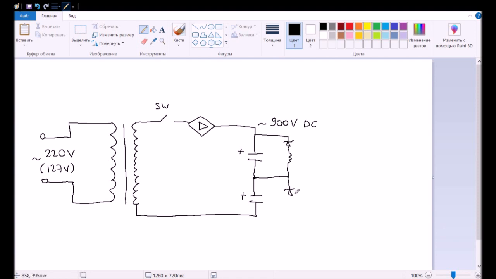They consist of simple powerful resistors or Zener diodes, or stabilitrons as they are called, in series. They function as follows: when the voltage over the capacitors exceeds some limit, the Zeners open, and the current begins to flow through the circuits.